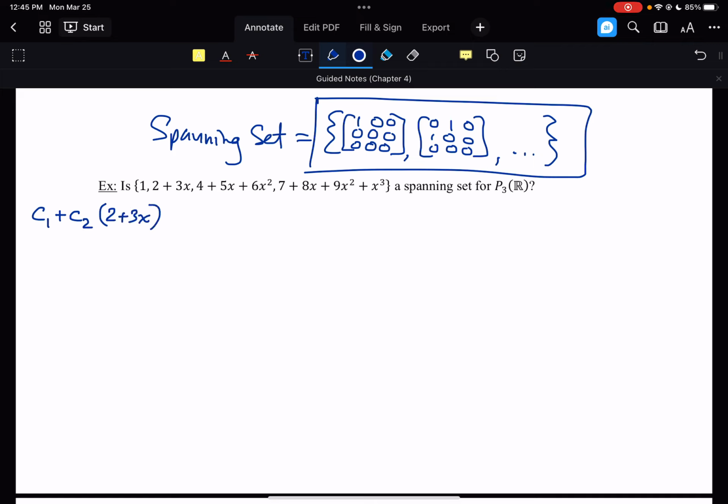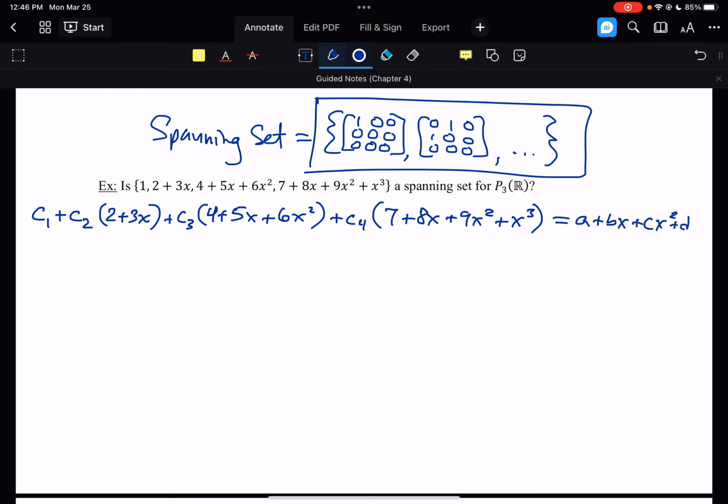This was C1 times 1. Plus C3 times 4 plus 5x plus 6x squared plus C4 times 7 plus 8x plus 9x squared plus x cubed equals a plus bx plus cx squared plus dx cubed. So that is an arbitrary polynomial of degree 3 or less.